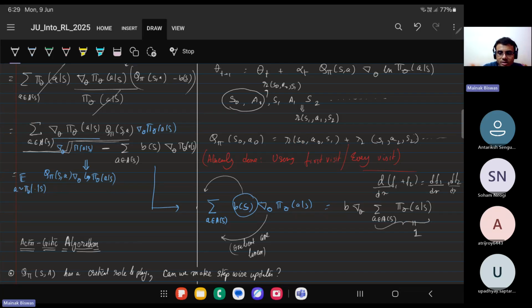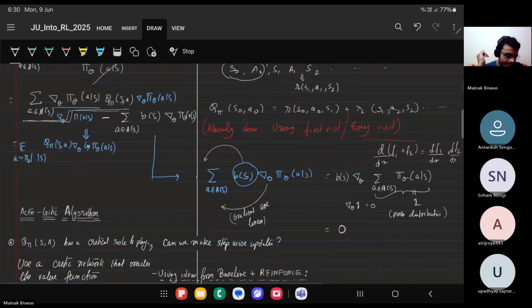And why is it equal to 1? Because it's a probability distribution. Very good. So this is equal to 0, because the derivative of 1 is equal to 0.